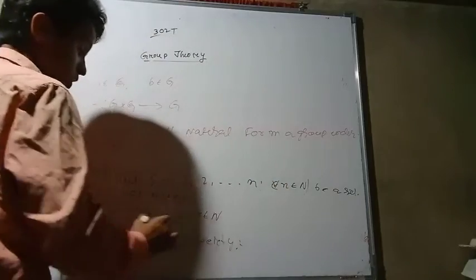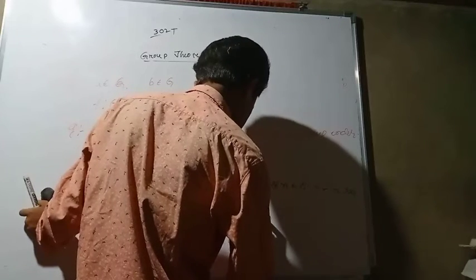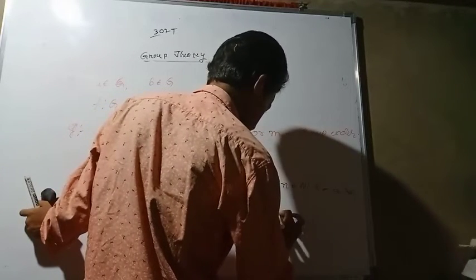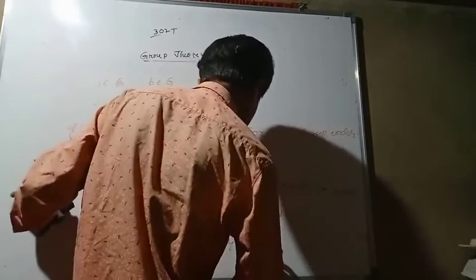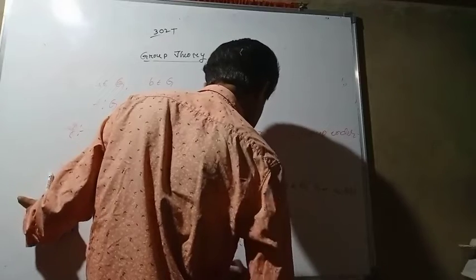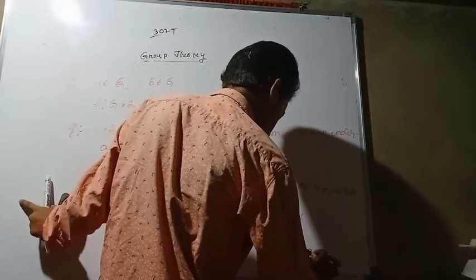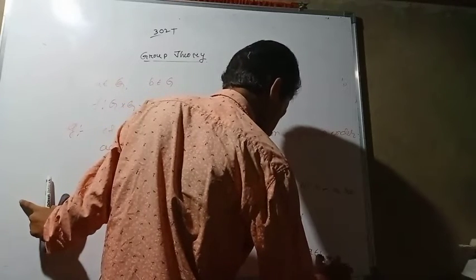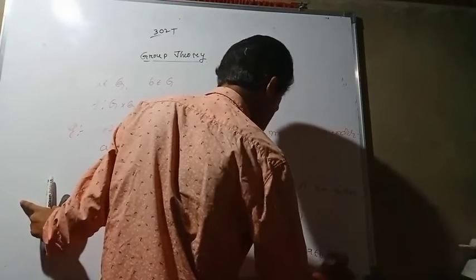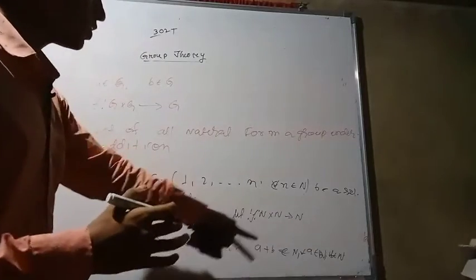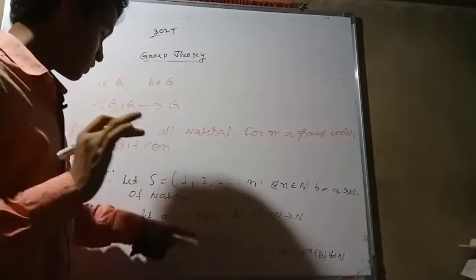Closure property. Let f be a function from N cross N into N. If we add these two numbers, A plus B also comes into N, for all A and B belonging to N. So this is called the closure property. We have seen that the closure property is covered by addition.